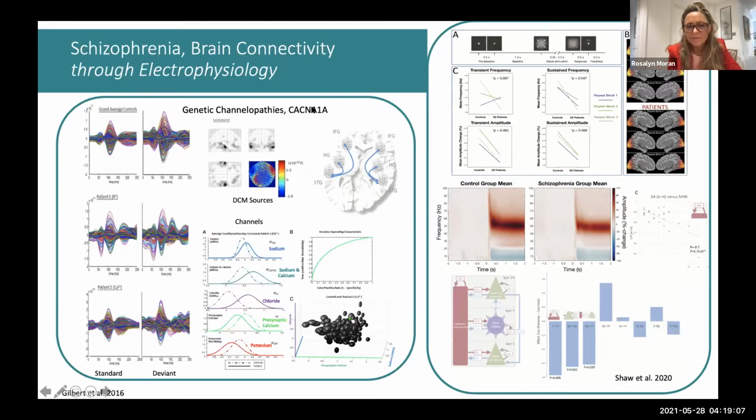It's a slightly different voltage-gated calcium channel. And what we found, if we did a DCM, again, having these sorts of detailed cell models from electrophysiology, is that we could somehow identify changes in channels based just on the properties of a simple ERP, or event-related field, in this case of MEG data.